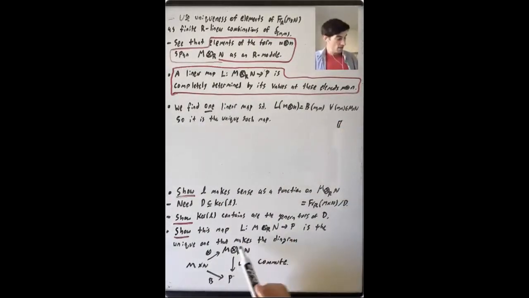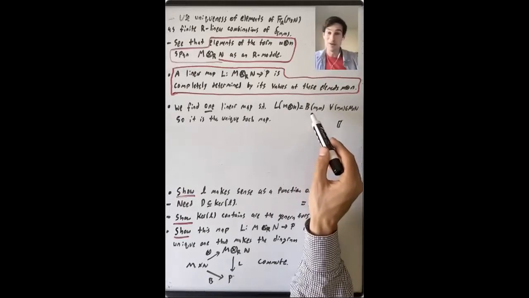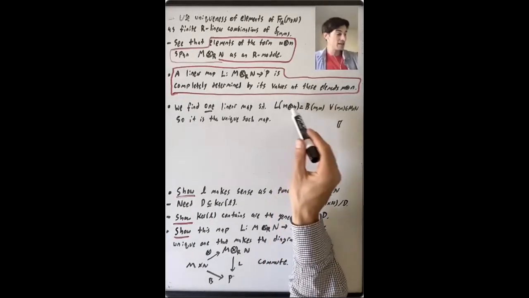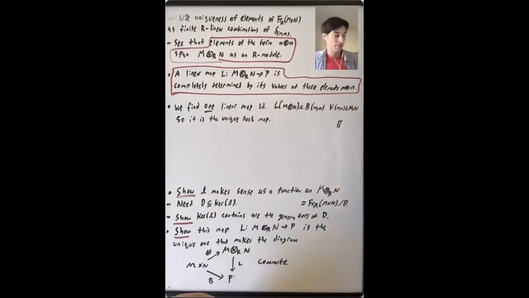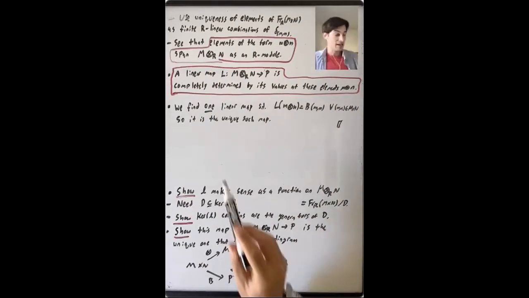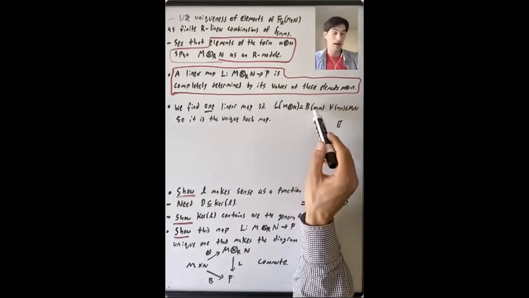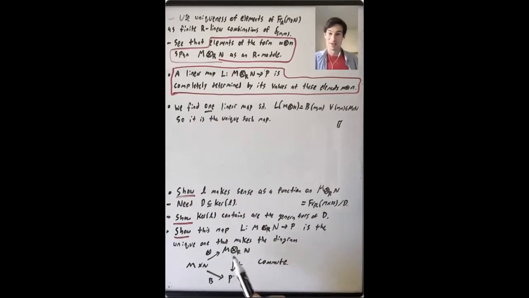Well, we have found one linear map L that satisfies L applied to M tensor n is equal to this bilinear map BMN. And this is a linear map. There's no other different linear map that takes the same value at every element of this special spanning set that we have. So this L is the unique linear map so that L applied to M tensor n is always equal to BMN, and this diagram commutes.